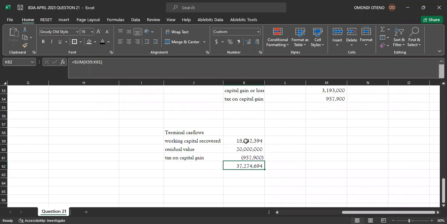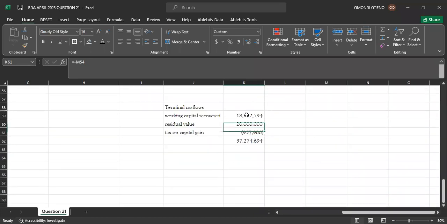Let's say you're going to lose the marks for working capital recovered, and of course tax on capital gain also maybe you're going to miss. So why can't you spread the risk? The examiner will give you 2 points for this if you split them, other than getting 0. So to maximize your marks, if you can split them, split.